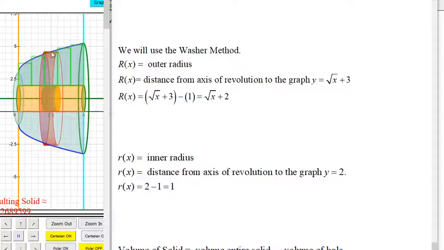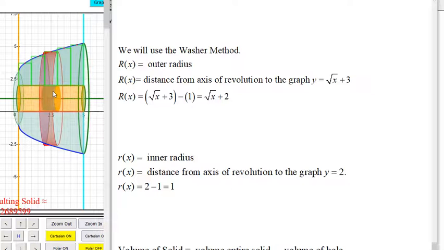To get the distance from here to here, we do the square root of x plus 3 minus 1. The square root of x plus 3 is from the curve, and the 1 is from the axis of revolution, the line y equal to 1. And so we get the square root of x plus 2, and that's going to be the outer radius.